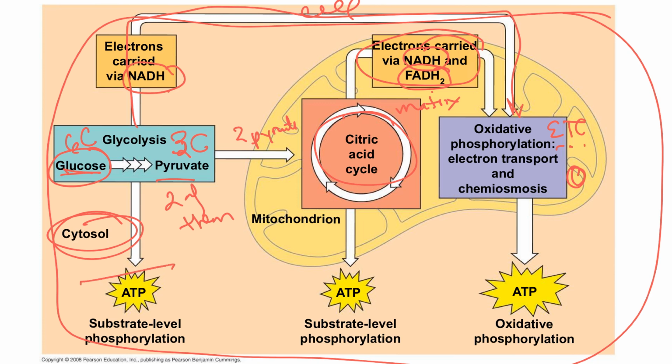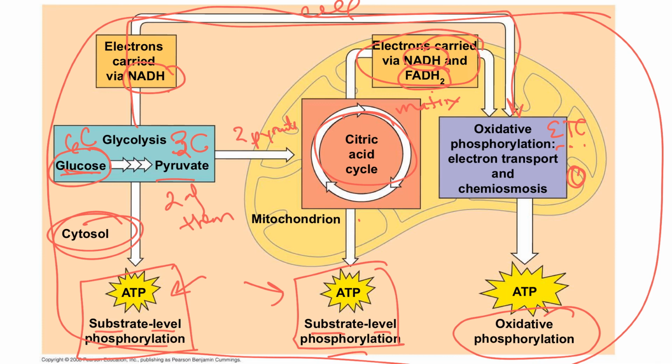And you see here that I am going to make some ATPs, but the way that I make ATPs in glycolysis and citric acid cycle is called substrate-level phosphorylation. And substrate-level phosphorylation is a fancy way of saying you take a phosphate, you plunk it on an ADP. There's not a fancy way of making it like you are going to see in oxidative phosphorylation, which we see in the electron transport chain.